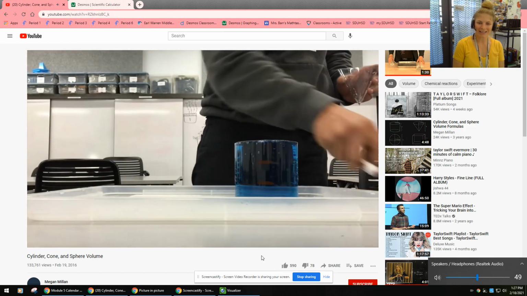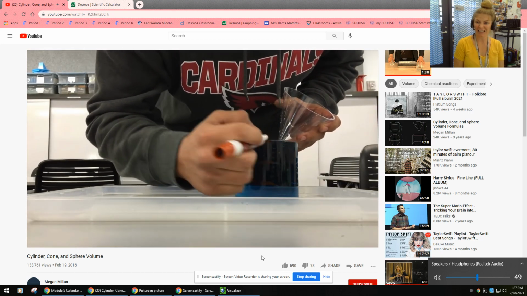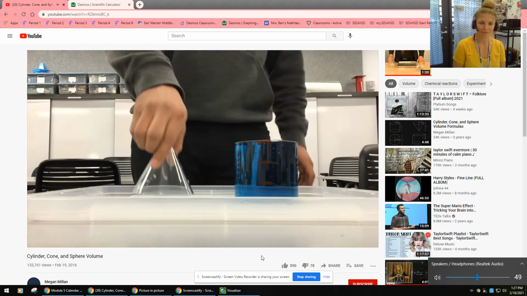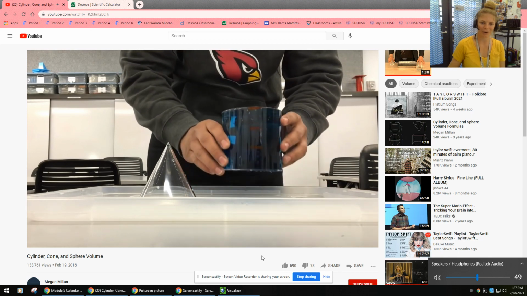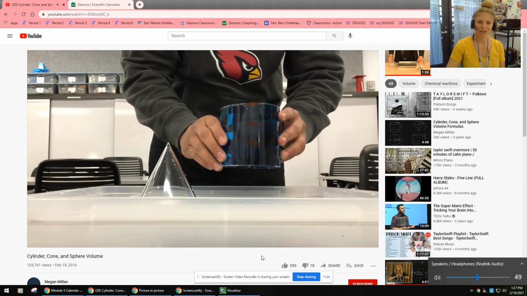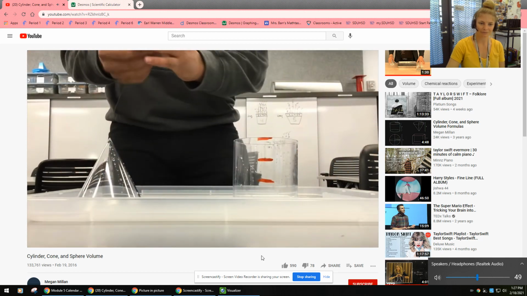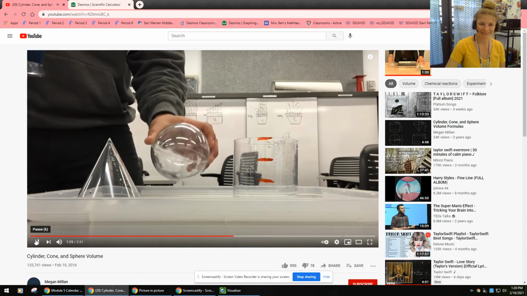Oh my goodness. It took 3 cones to fill a cylinder if they have the same height and congruent bases. Ah, really cool. So it took 3 cones to fill the cylinder up. And we'll look at the sphere next time.